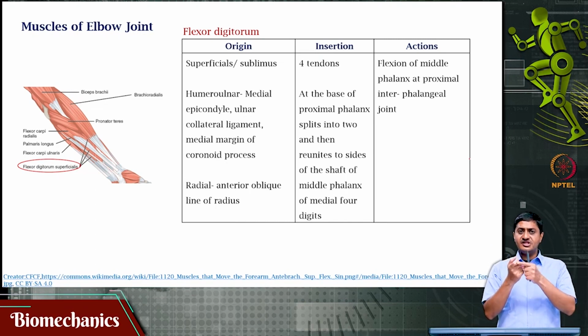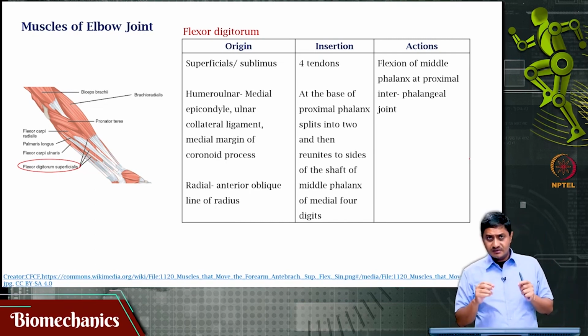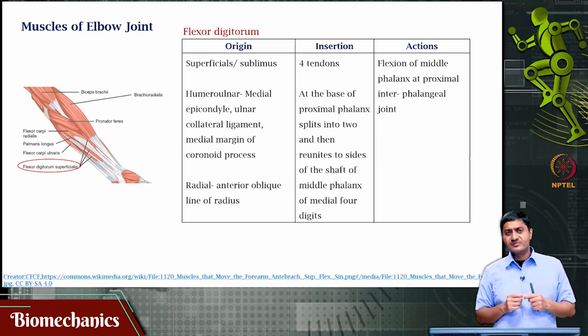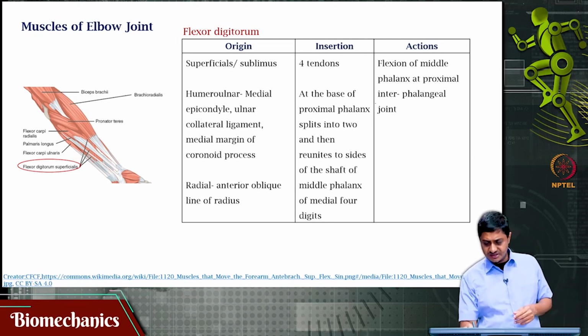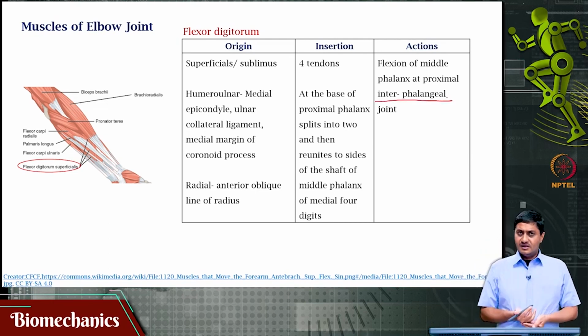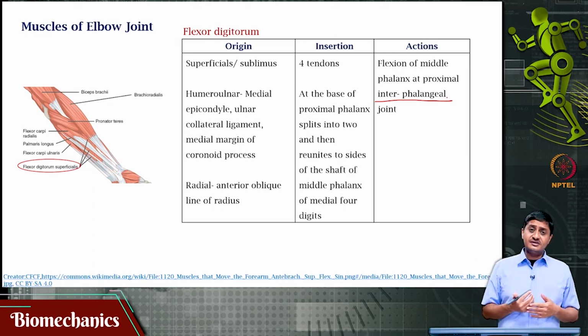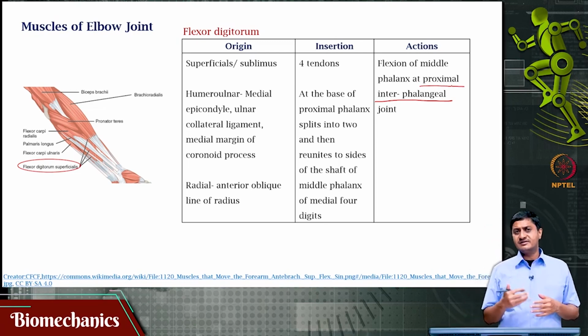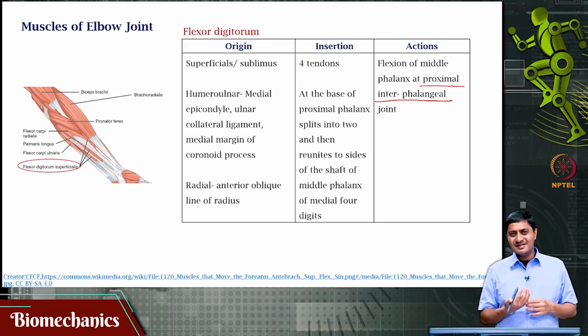proximal interphalangeal joint. The joint that is formed between two phalanges is called the interphalangeal joint, and that interphalangeal joint on the proximal side is called the proximal interphalangeal joint, and the one on the distal side is called the distal interphalangeal joint, sometimes called shortly the PIP joint and DIP joint.